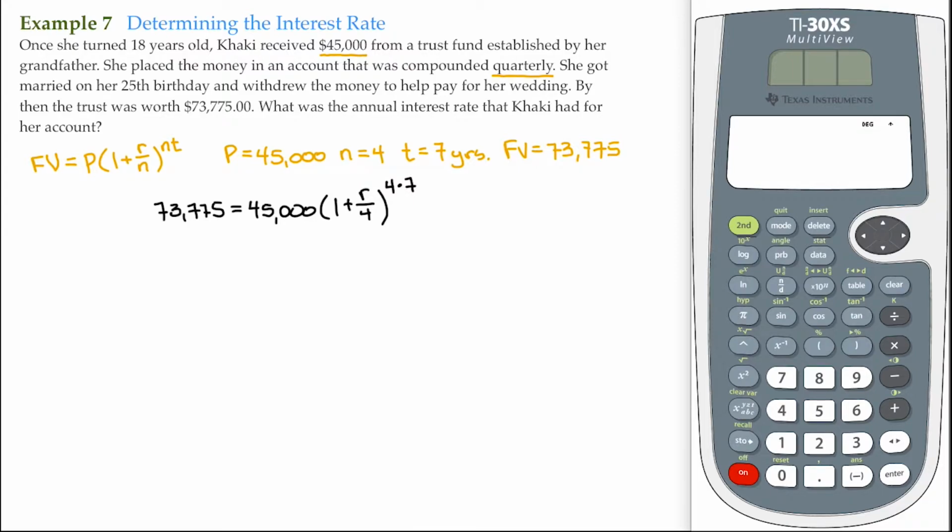So we'll use some algebra. We will divide both sides by $45,000. Of course, these will cancel. That's the whole idea. So then in our calculators, 73,775, and divide that by the 45,000.